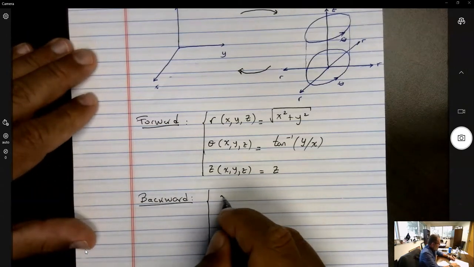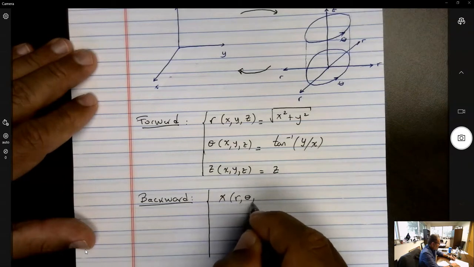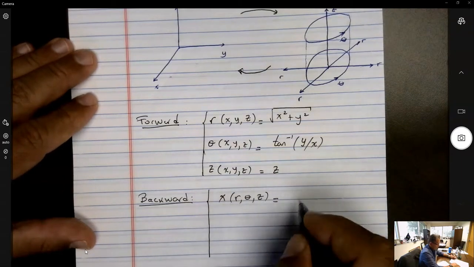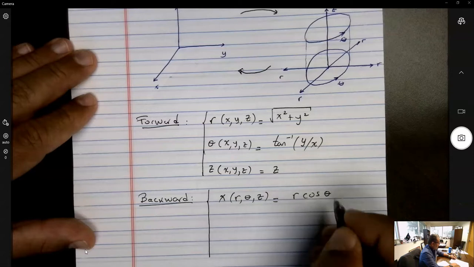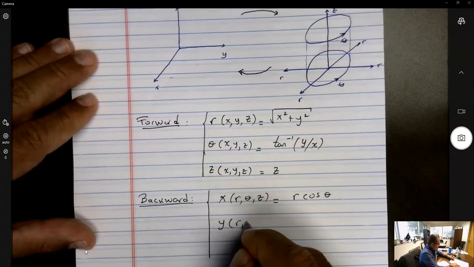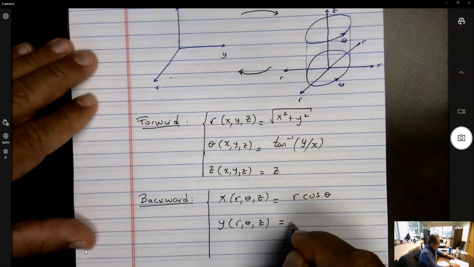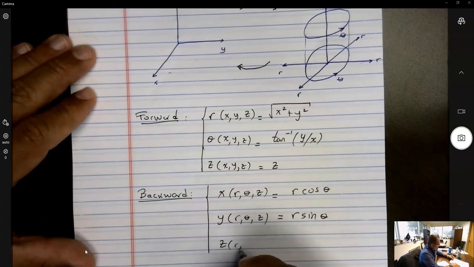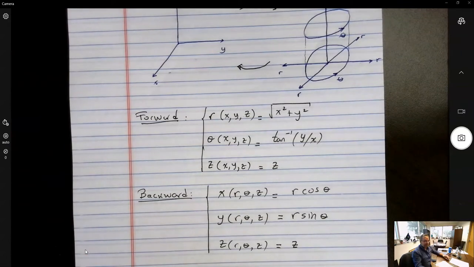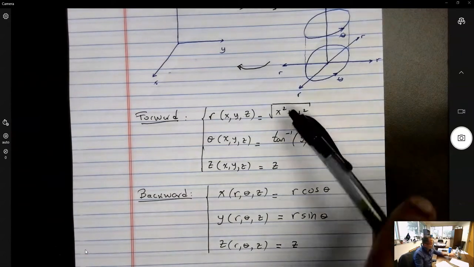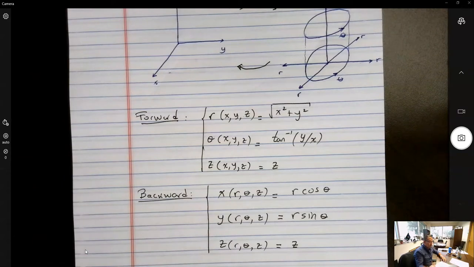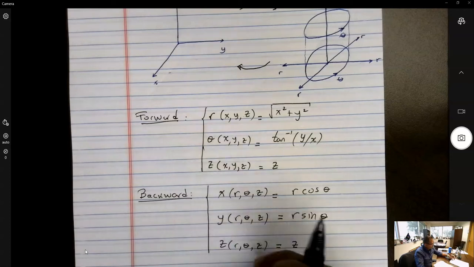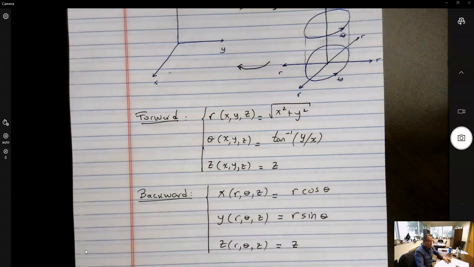Or in this case, since you're already familiar, I suppose, with the r, theta, z system, x is just simply r cosine theta. y in relation to r, theta, and z is r sine theta, and z in relation to r, theta, and z is just simply z. They're common. And if you plug this in here, you'll notice that you'll get identity. So this backward transformation corresponds to this forward transformation.